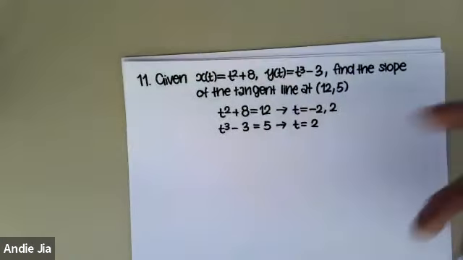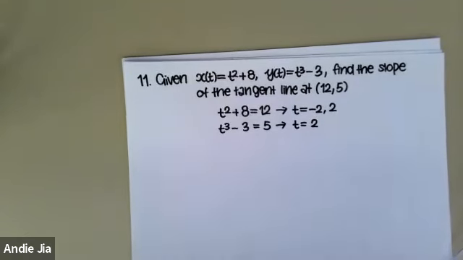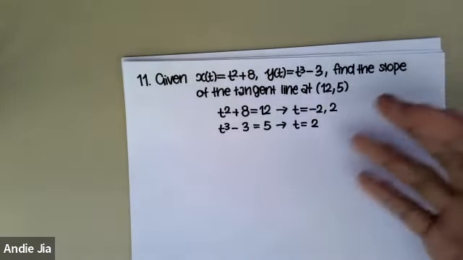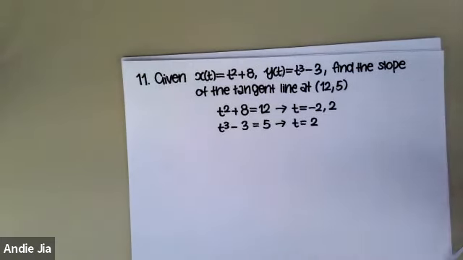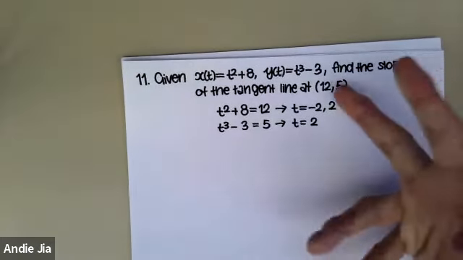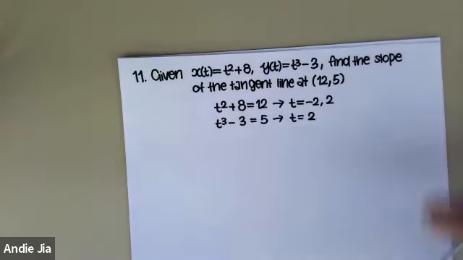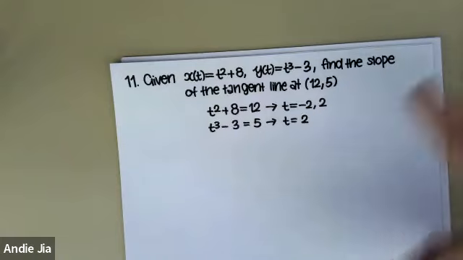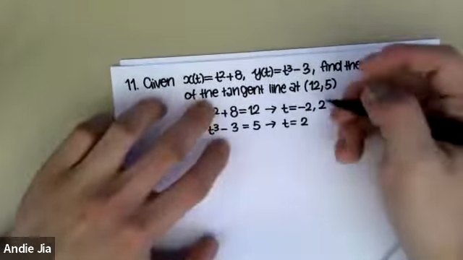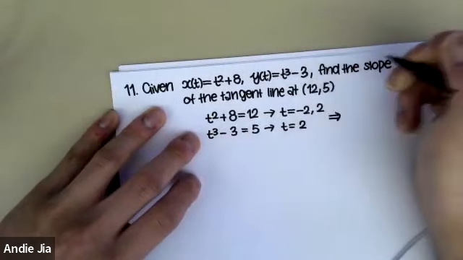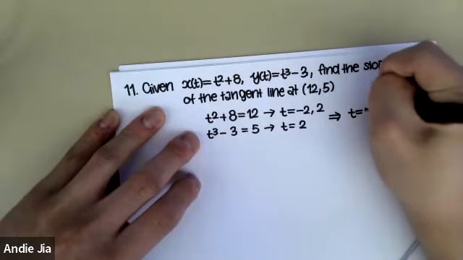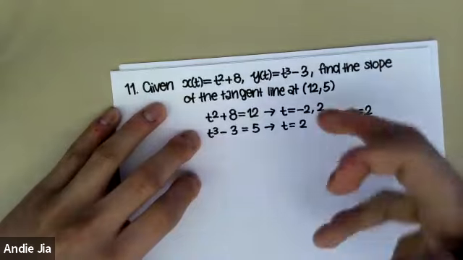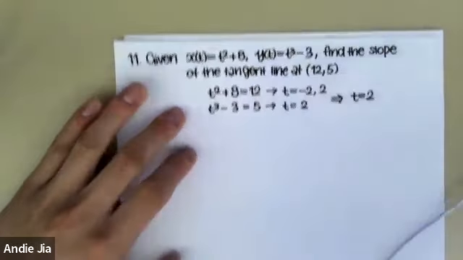So in this case, t equals -2 is not a solution. So we just take t equals 2, because we only need to find one tangent line. There's no indication to find 2 or 3 or more. So t is 2, and this is the satisfying t value.